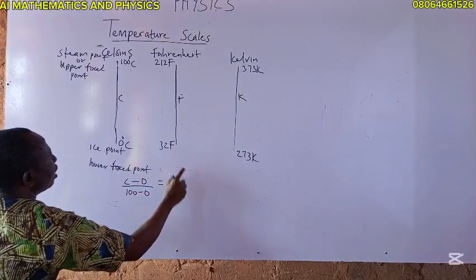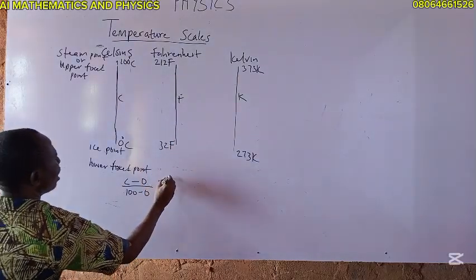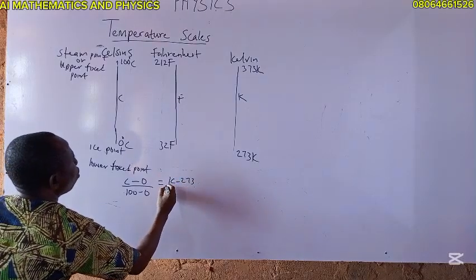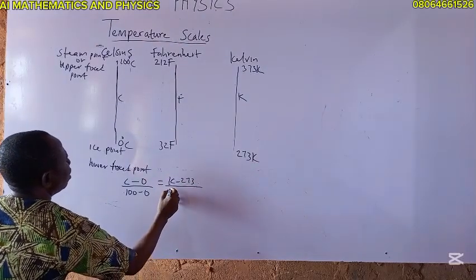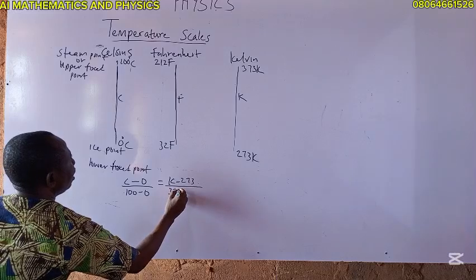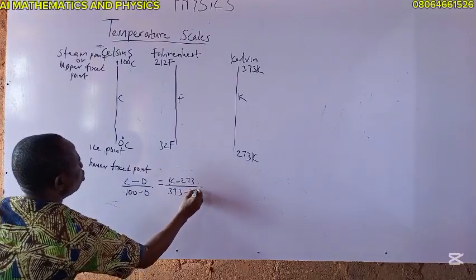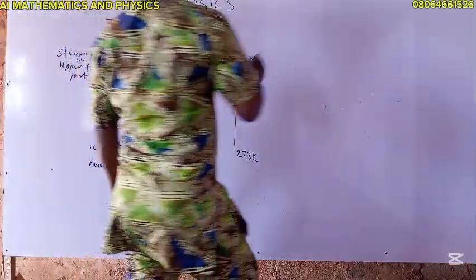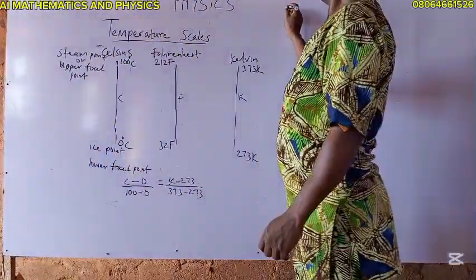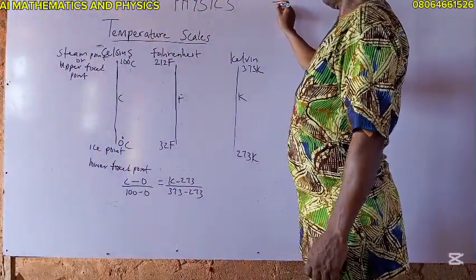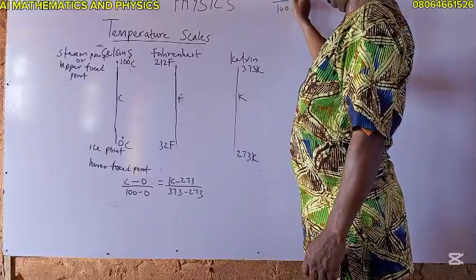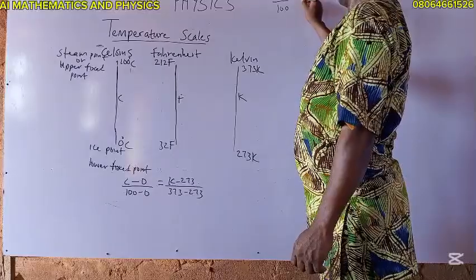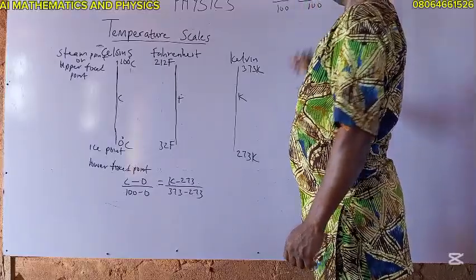Let's take this one. That is the middle, there is K minus 273 over 373 minus 273. You can see that this one will give us C over 100 is equal to K minus 273 over 100.